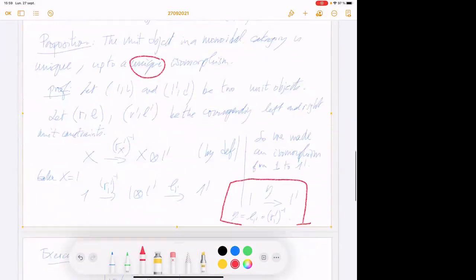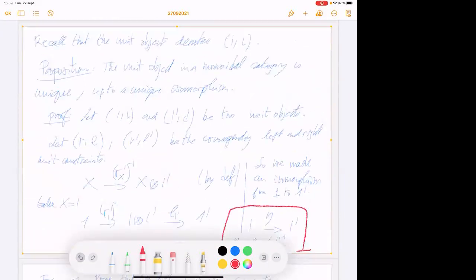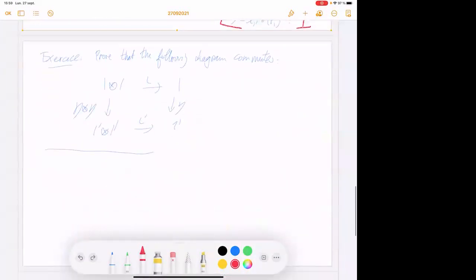We can prove that this eta is a unique one. So now it remains to prove that such eta is unique.